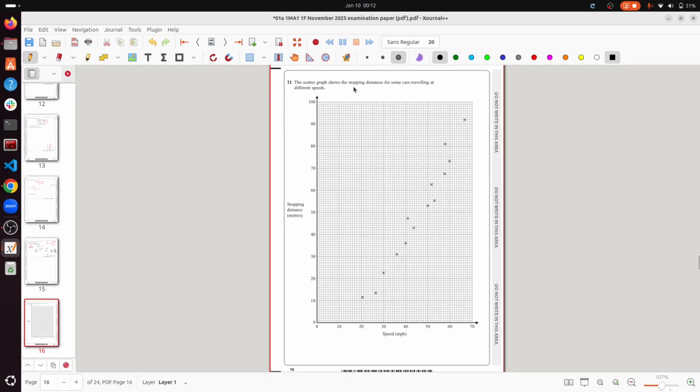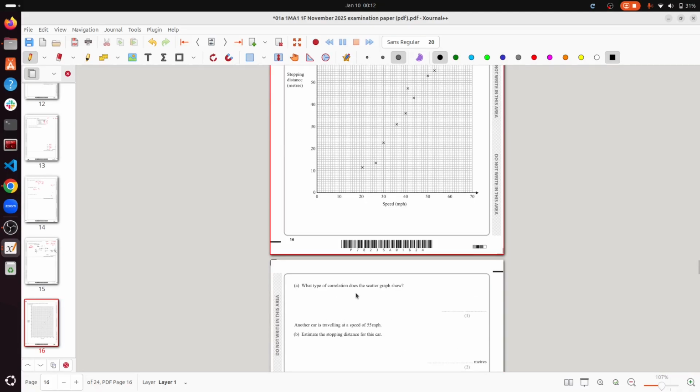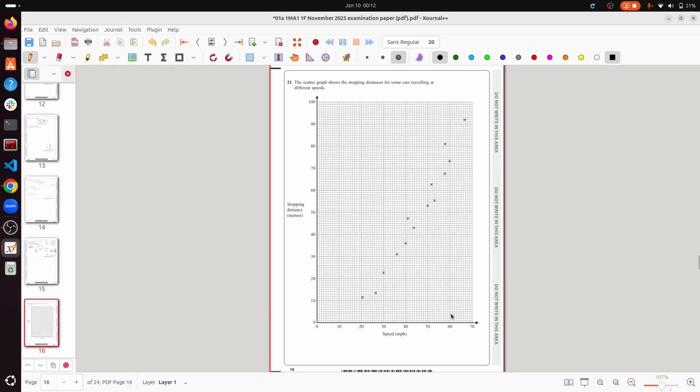The scatter graph shows the stopping distance for some cars traveling at different speeds. So what are they asking us to do now? What type of correlation does the graph show? We can see that the trend in this is going upwards. That's the trend, and that is a positive correlation.